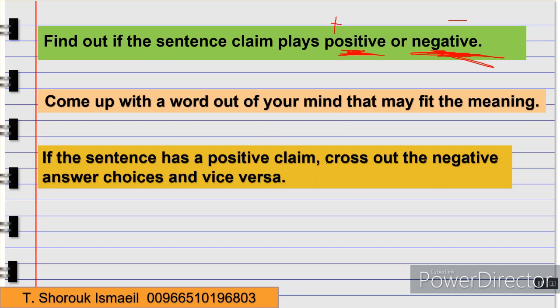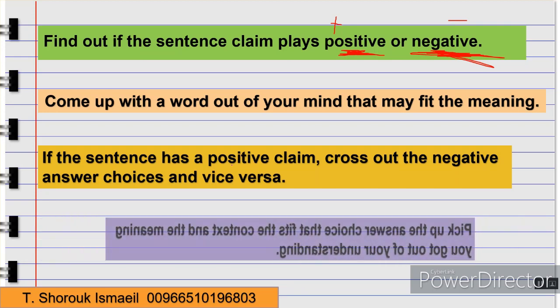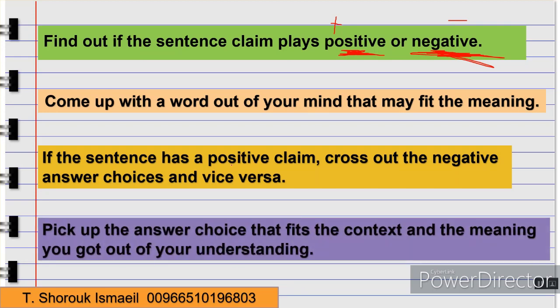I start to plug in the answer choices that I think may fit, and I need again to depend on the context to see whether the choices I plugged in serve the meaning or not. If the answer choice fits, it means that this is the right answer. If it doesn't fit, it means that it is the wrong answer. I'll just eliminate it right away.